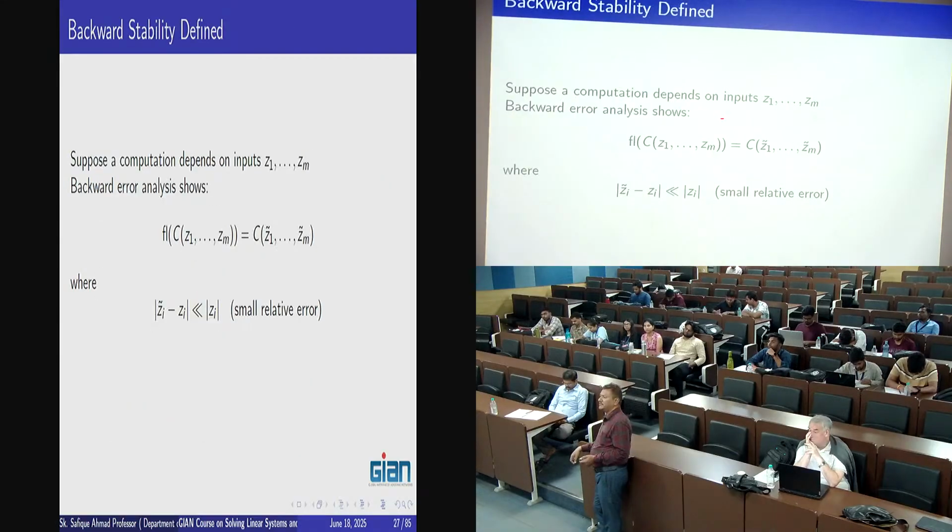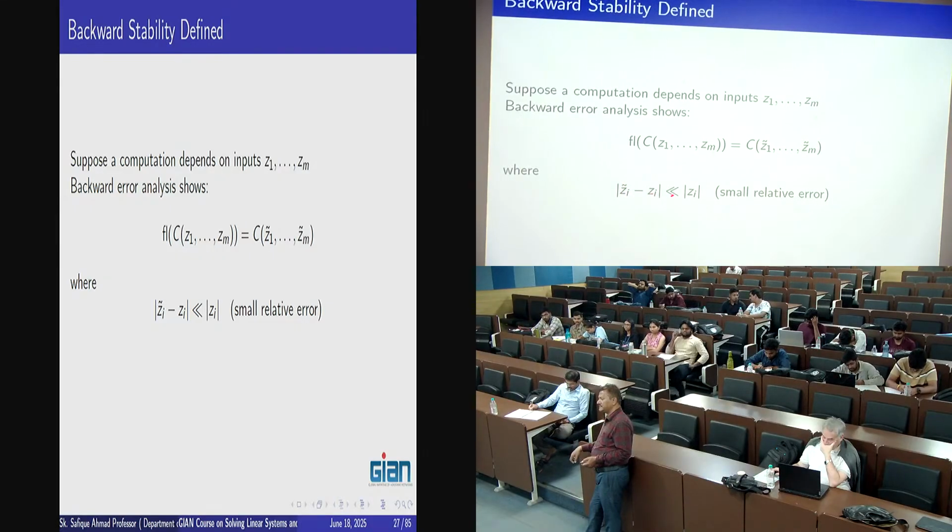Take a function with m variables, say g1, g2, up to gm, with small perturbations giving g1 tilde up to gm tilde. If the change gi plus delta gi minus gi is very small compared to gi, it is a small nearby problem.